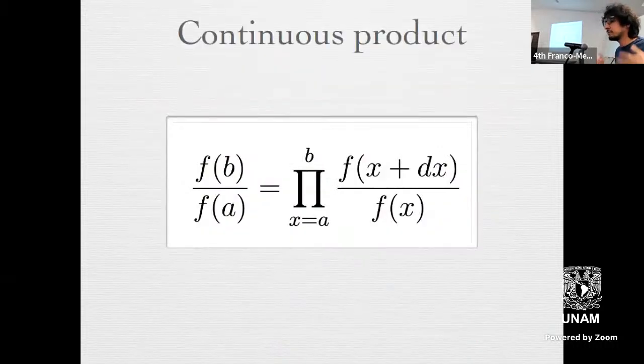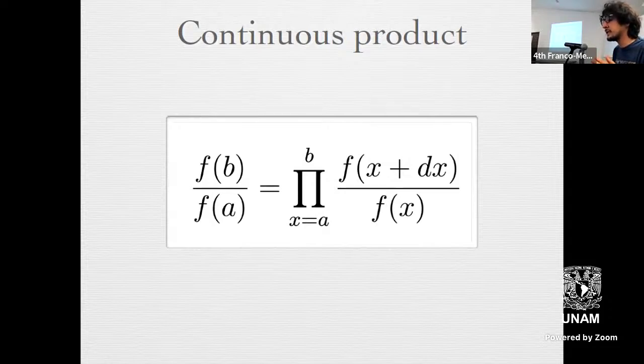It's a bit of a reconstruction, but you see the ratio of the two extremes equals the product of the infinitely small ratios.